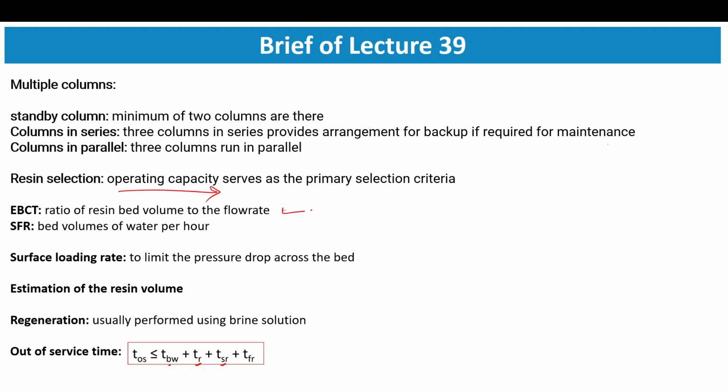EBCT is empty bed contact time, which is the ratio of the resin bed volume, obtained by mass of resin used divided by the density of the resin, to the flow rate. And the SFR is the ratio of bed volumes of water produced per hour, which can also be obtained by flow rate per unit volume of resin, right?